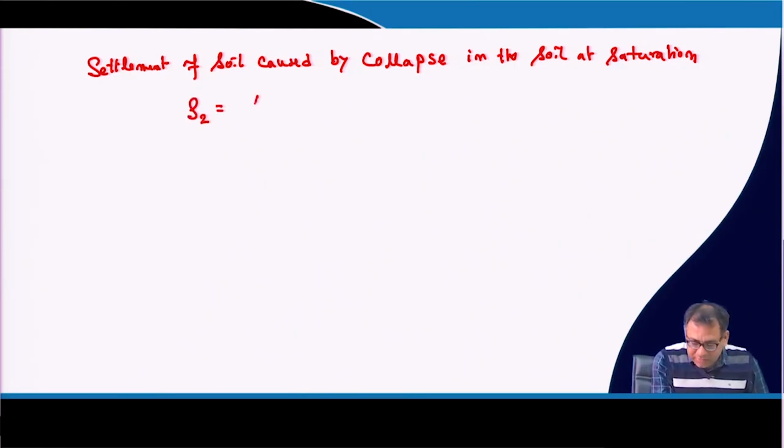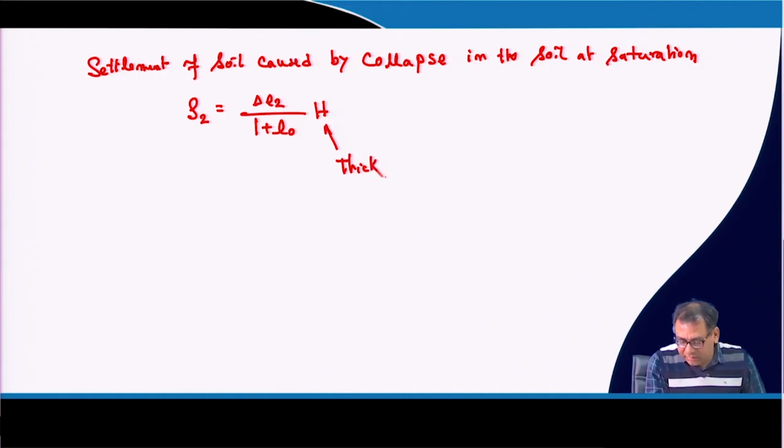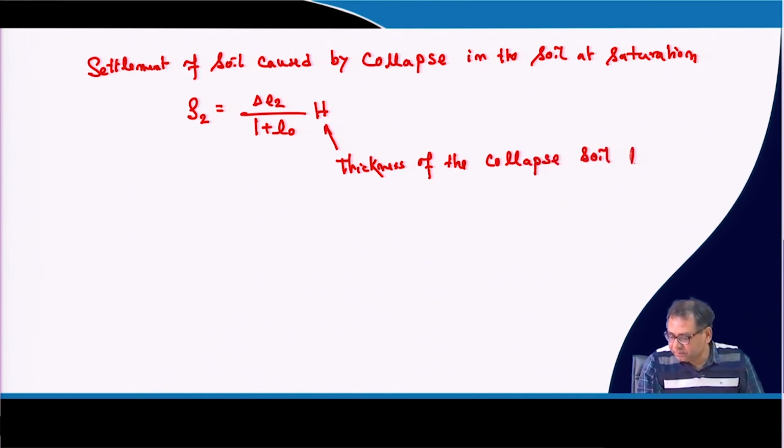So, that will be del E2 over 1 plus E0, into H. Again H is the thickness of the collapsed soil layer. Okay, so this way we can calculate what would be the settlement of the foundation.